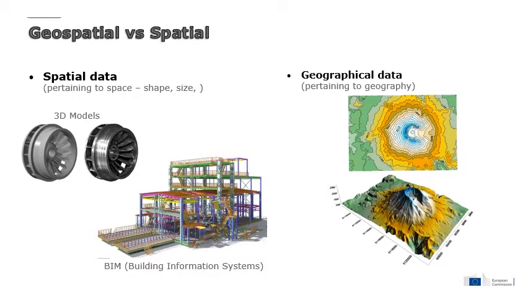On the other hand, geodata is actually pertaining to geography, so to larger structures, areas, and land masses where you actually need a geographical coordinate system to describe it. So in case of geodata specifications for archiving, we are addressing the second part of objects, although I think that the spatial data objects like 3D models and BIM systems should also get their own specifications, but this is not currently being done, but I guess it will be in the future.